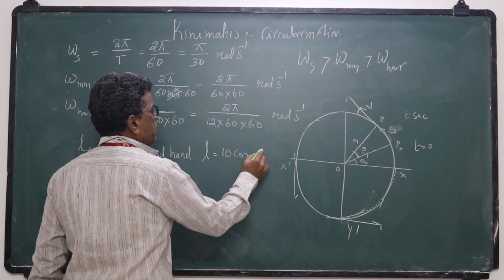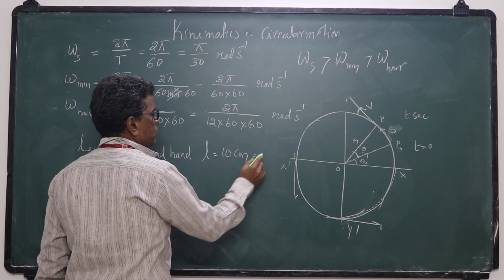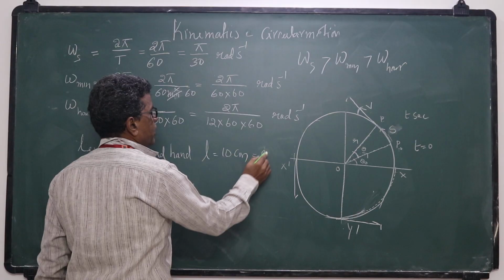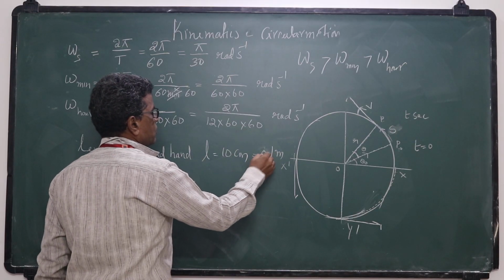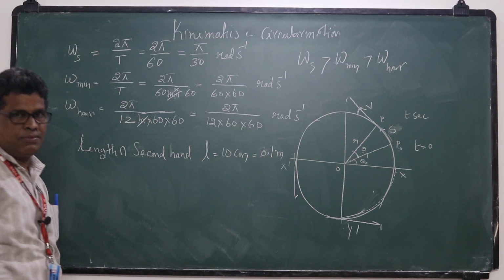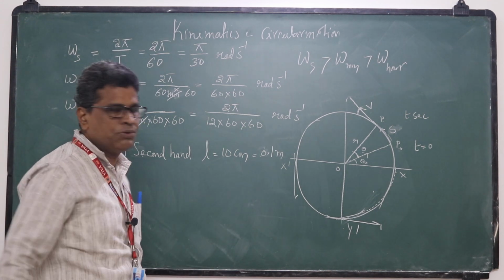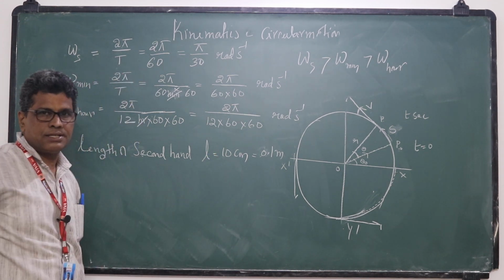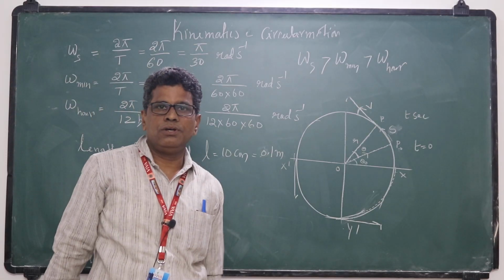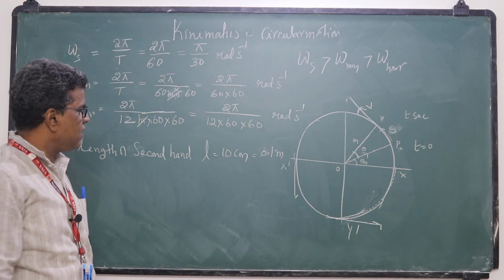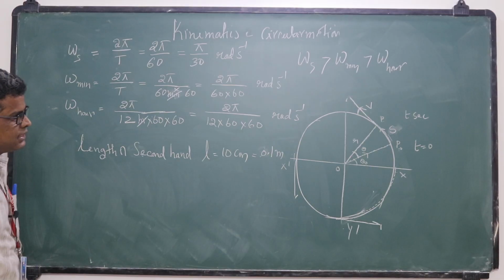You convert into meters. 10 centimeters is 10 by 100, 0.1 meters. Meter is an SI unit, centimeter is not an SI unit. You have to substitute values in SI units.